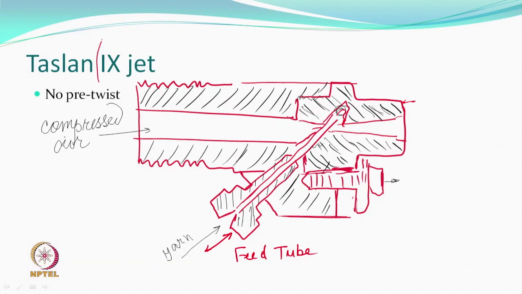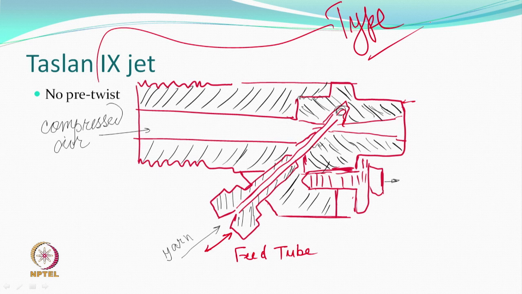Other versions obviously were introduced in the market and the learning was going on. One of the jets, the type 9 Taslan, became a commercially successful jet.